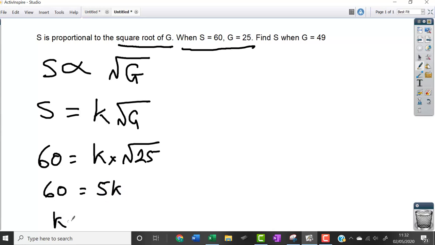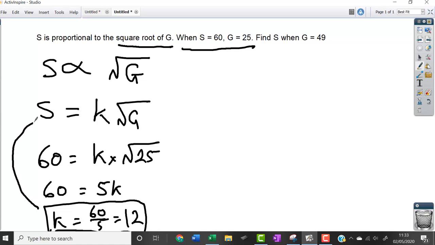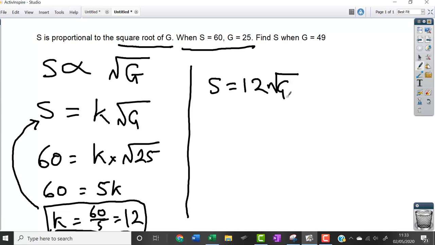So K equals 60 over 5, which equals 12. That's the first part of my question. I now have to substitute this K value into my general formula. So if I do that, I've got S equals 12 root G.